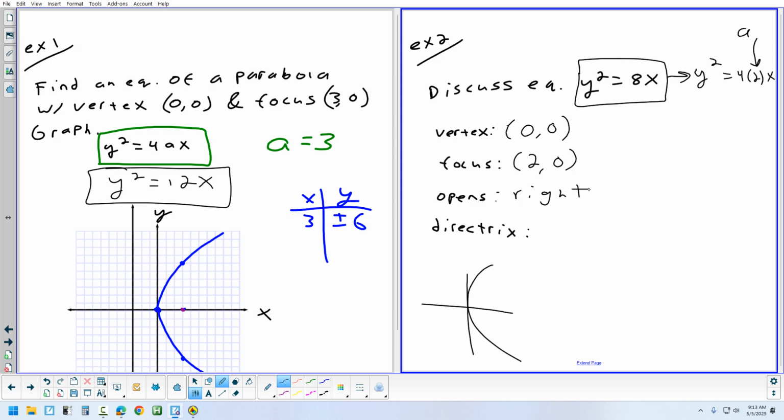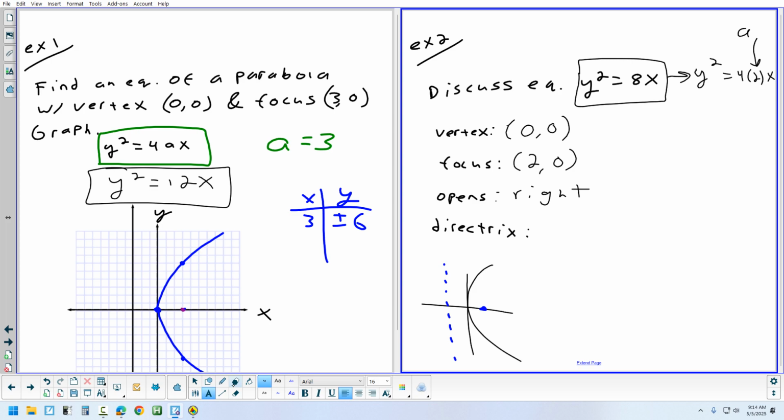And what about my directrix? Here's my focus. What's going to be the equation of the directrix? x equals... Yep, it's a vertical line, and the parabola has to bend away from it. If you drew a horizontal line, it would hit the parabola. That wouldn't work.